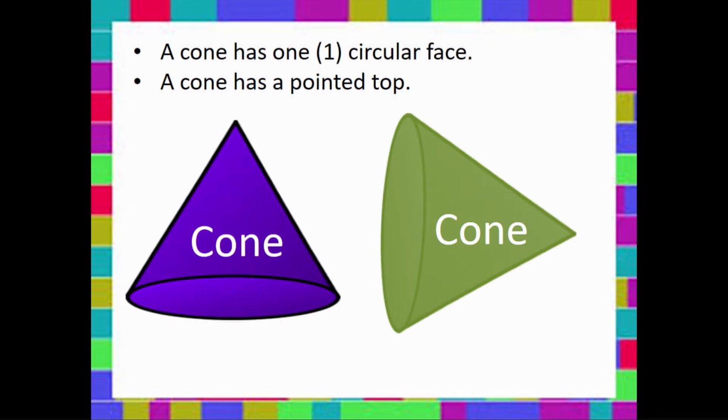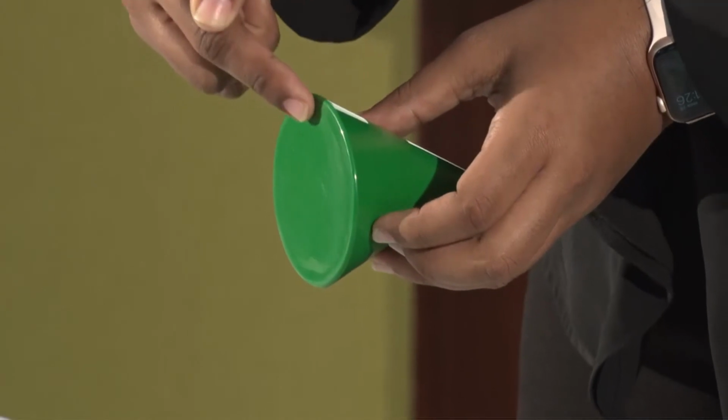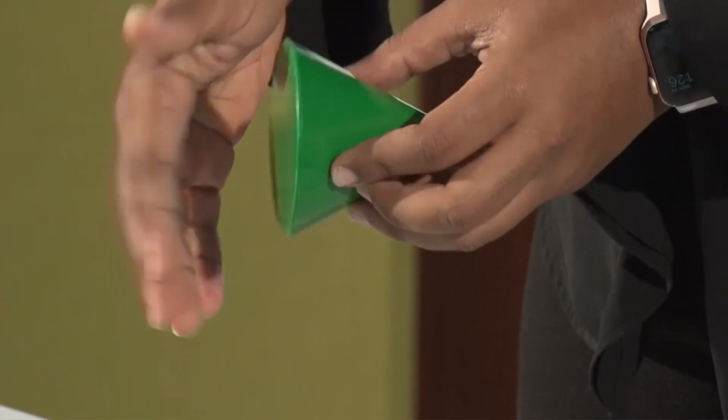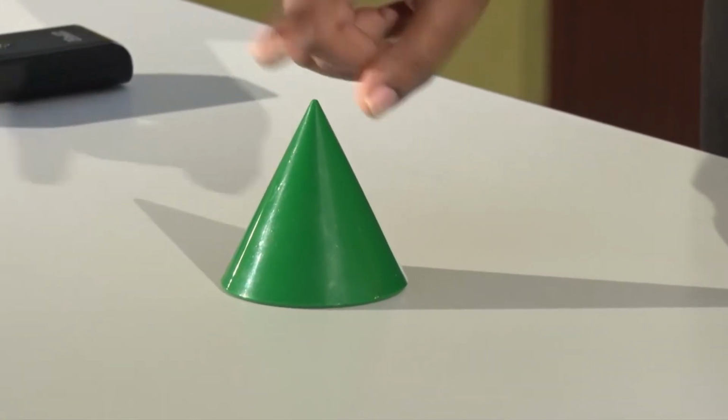A cone. A cone has one circular face. A cone has a pointed top. Here I have a cone. We see that the face is circular and it is flat and it is pointed.